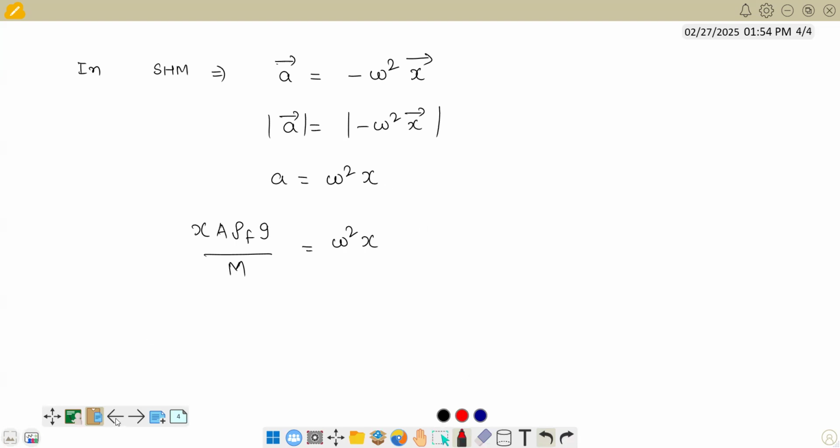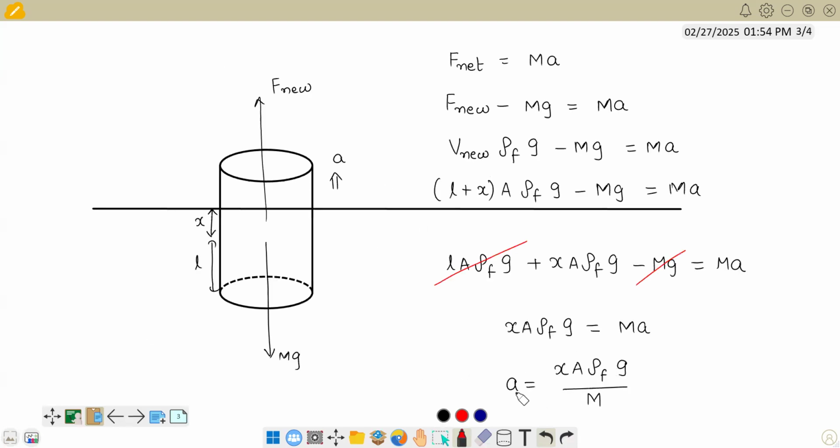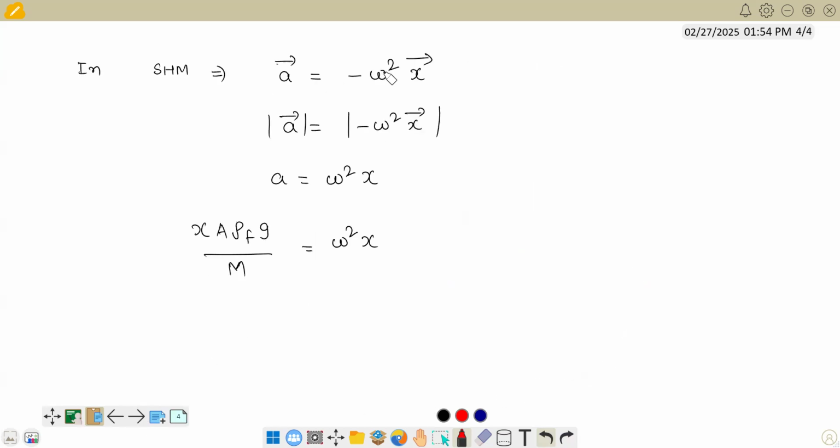So this is a simple example to say that since a is proportional to x, this will follow a simple harmonic motion, because the first question was to prove that it is an SHM. Whenever a bar is proportional to minus omega square x bar, this is an SHM.